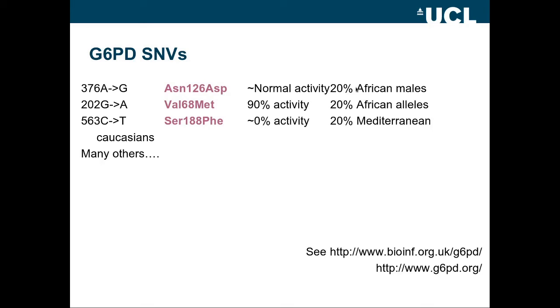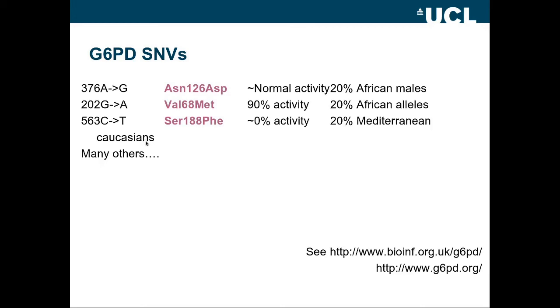And this is present in about 20% of African males. This mutation, leading to valine 68 methionine, leads to 90% activity and is present in about 20% of African alleles. This mutation, serine 188 phenylalanine, leads to zero activity, and that's present in 20% of Mediterranean Caucasians.